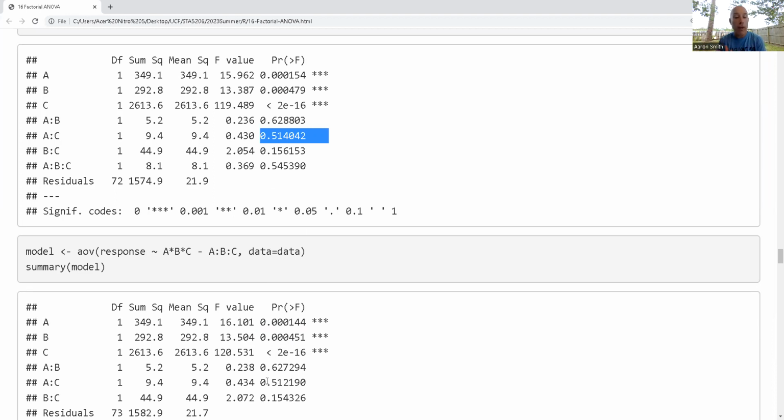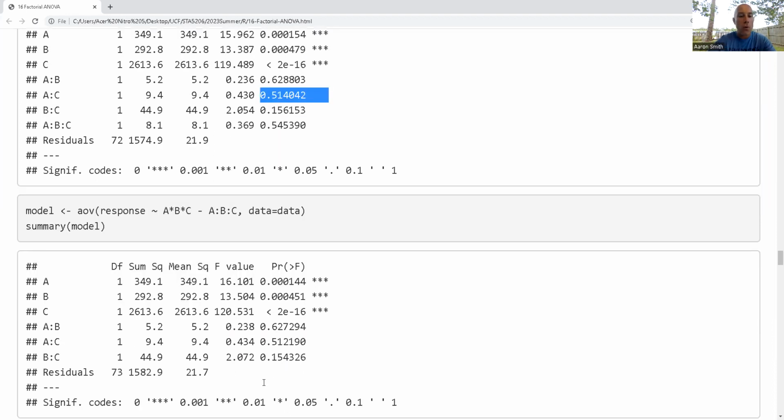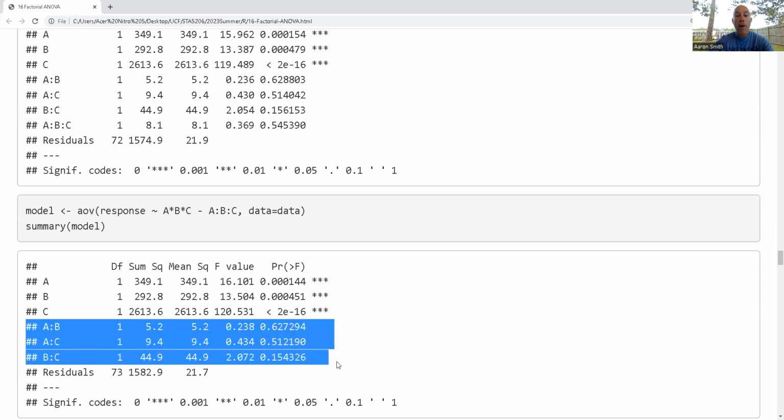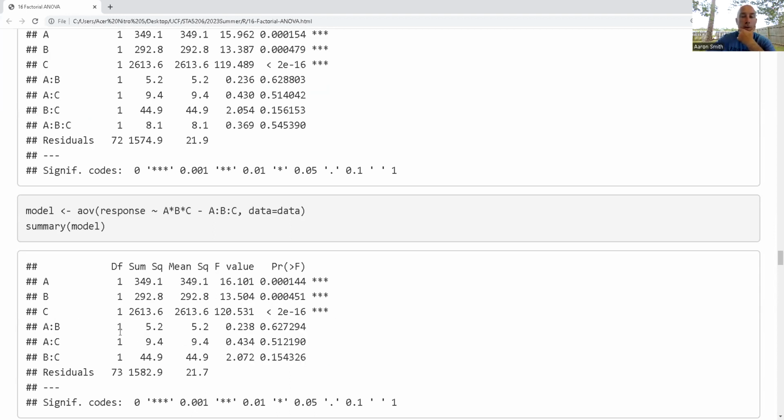We want the simplest model that accounts for the same amount of variation. So I want to get rid of the 3-way interaction. Now I'm looking at my pairwise interactions, and there's a couple ways to go about it. I'm going to say this is the largest p-value, so I'm going to remove pairwise AB.